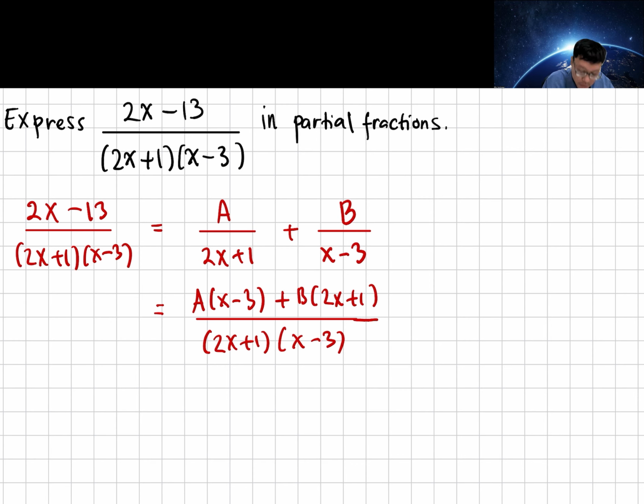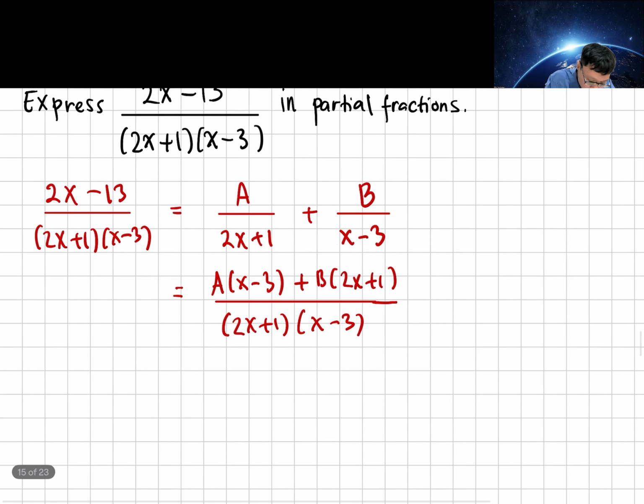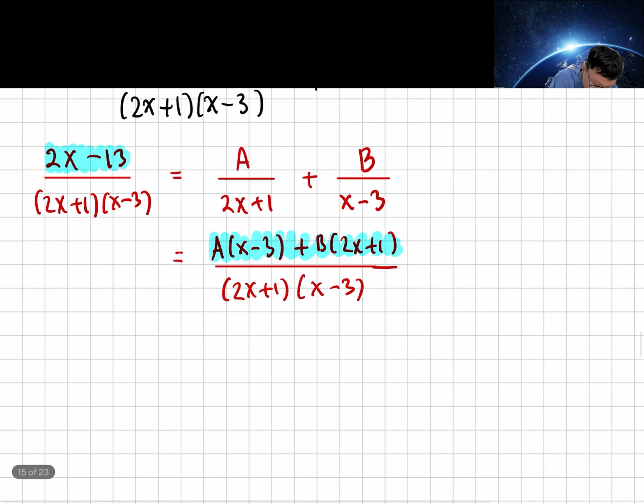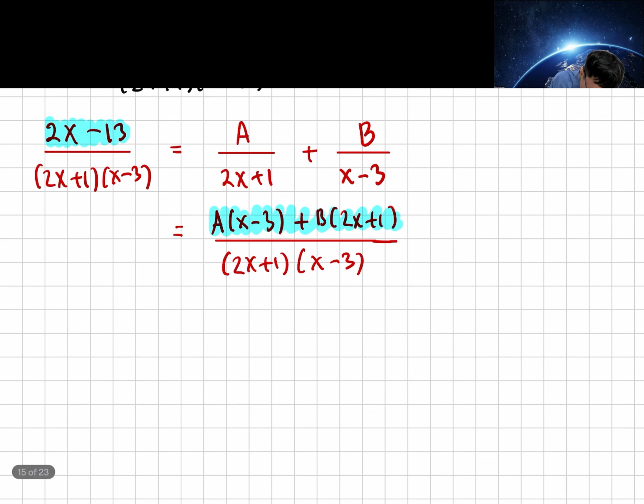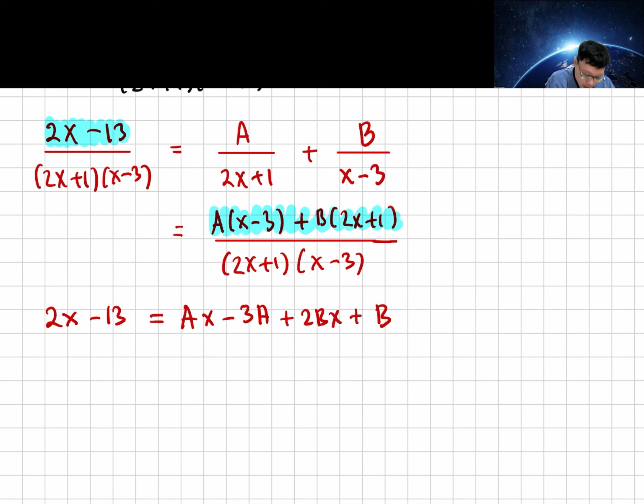Now, after we combine these two, we compare the numerator in the question with the numerator that we have here. They should be equal. So we have 2x minus 13 equals, you can expand, Ax minus 3A plus 2Bx plus B. Now, how do we compare these two?